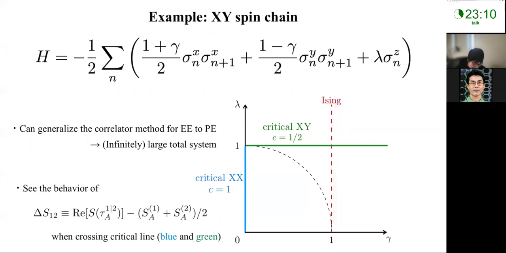And here I'm writing the phase diagram, and the dashed line corresponds to the transverse Ising model. We have several critical lines corresponding to particular parameters. This green line corresponds to the critical XY model with central charge c equal 1/2. And we also have another critical line for the XX model. In this case, we have central charge c equal 1.